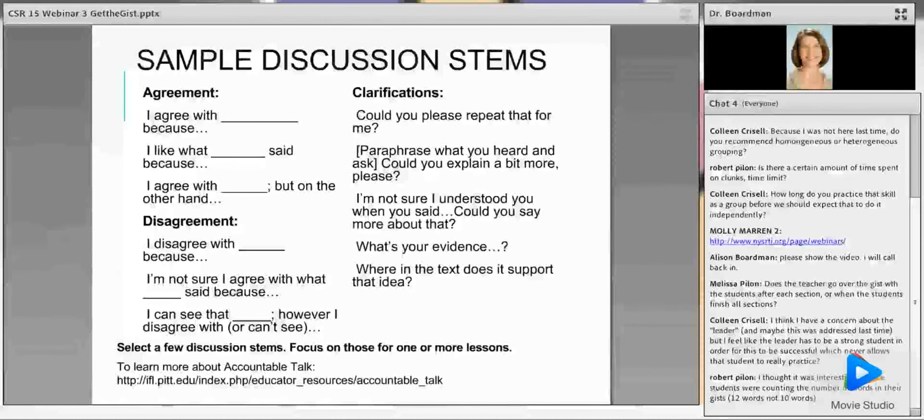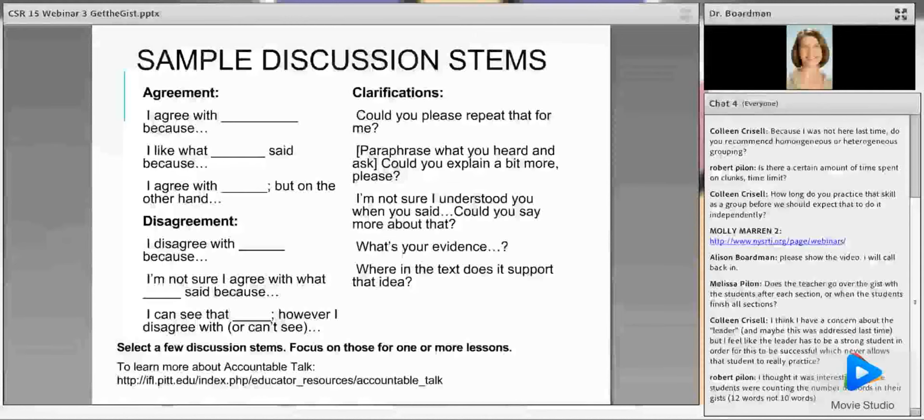And I have pulled from accountable talk stems, and on the bottom of this slide, I have included some resources on accountable talk, if that's something that you would like to learn more about or get a refresher on. And in fact, I believe they have a resource guide that's free and even a free self-paced module that will help you learn more about accountable talk.